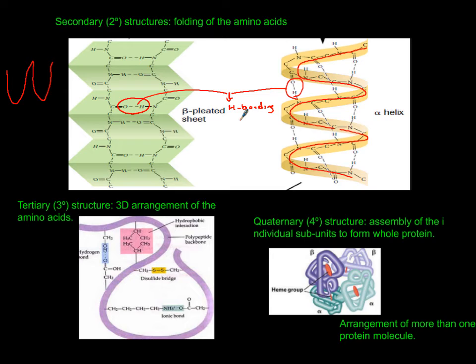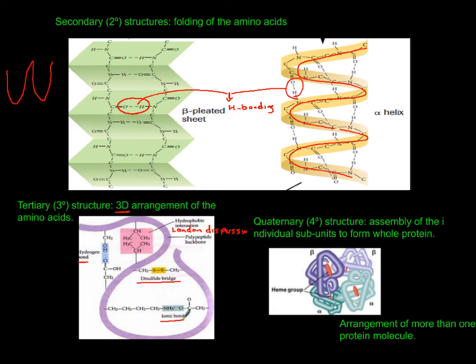Now this strand or this molecule of protein can further fold into itself and give you a three-dimensional arrangement in space, and it has many possible interactions. You could have hydrogen bonding, you could have simply London dispersion, if your amino acids have sulfur, which is cysteine, you could have disulfide bridge, and you could also have an ionic bond between the amine side and the carboxylic side, which are in ionic version of them.